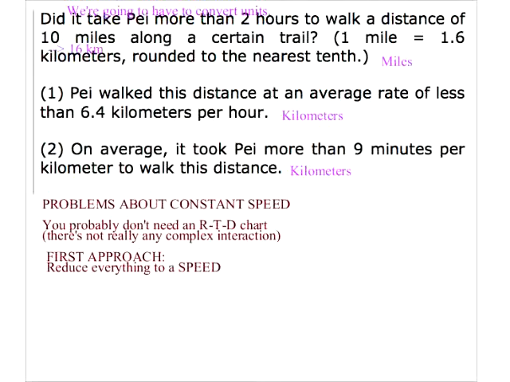So the question prompt asks, did Pei take more than 2 hours to walk 16 kilometers? So 16 kilometers in 2 hours is what speed? Go ahead and tell me in the chat box.